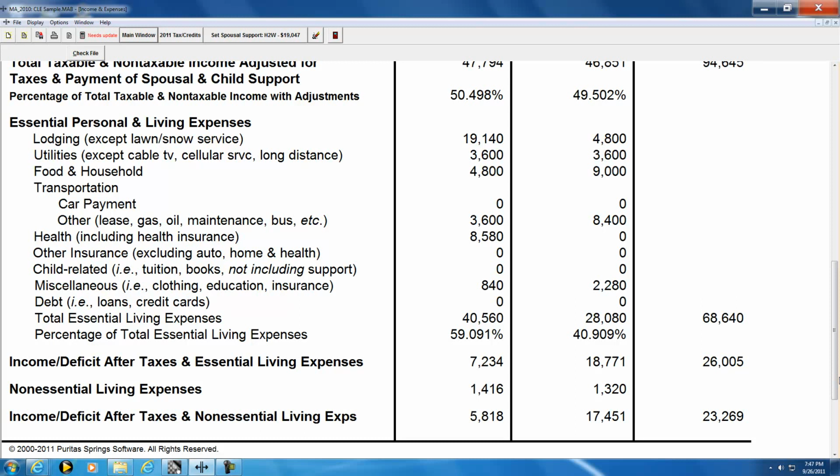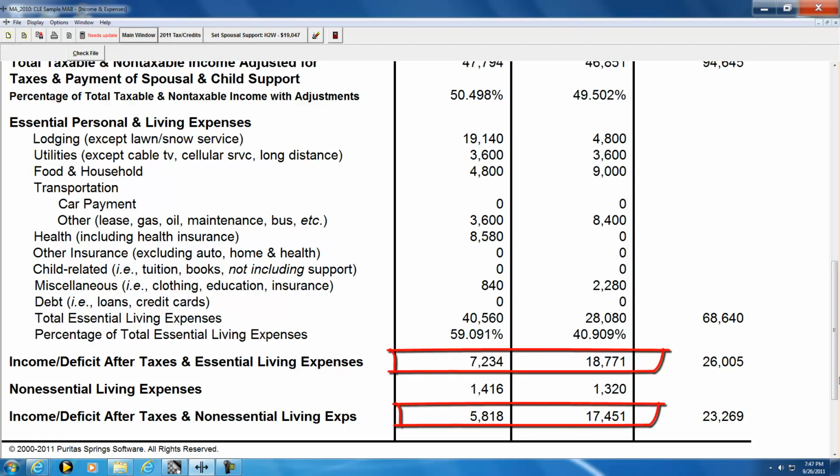Now, one of the arguments that is made with respect to the issue of reasonableness is that the spousal support obligor is, due to the payment of spousal support, unable to meet their necessary living expenses, and that's where the ITSE report's last few lines come into play. I'm referring specifically to the two income/deficit after taxes and expenses lines.